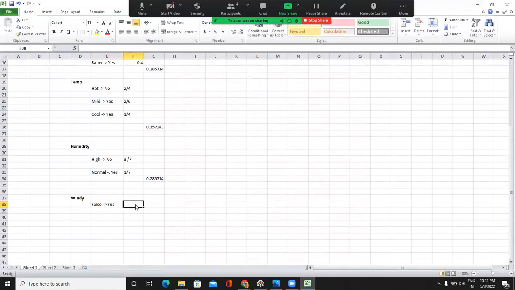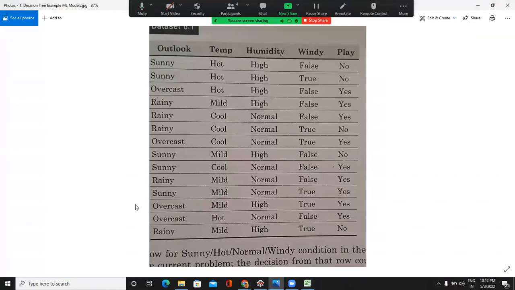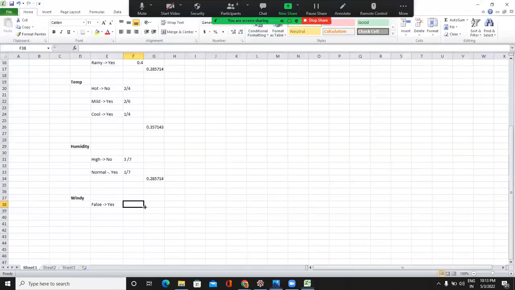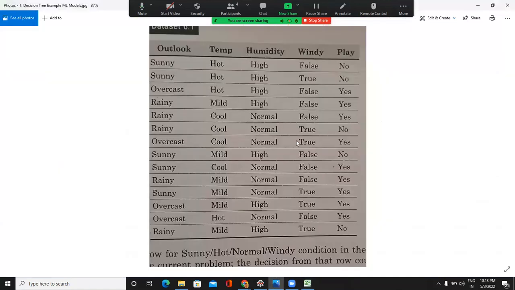If we do that, only 2 out of 8 times. 1, 2, 3, 4, 5, 6, 7, 8. 8 times there is false, and only 2 of them are no. So if we choose false yes as a rule, only 2 out of 8 times we will be wrong.